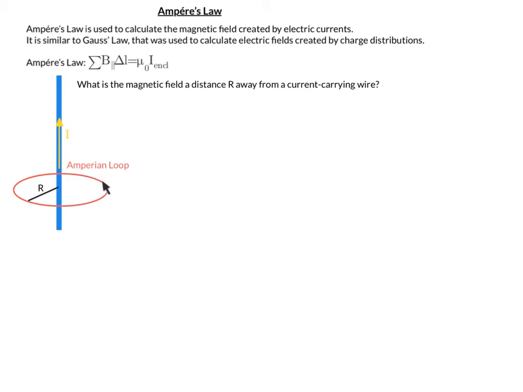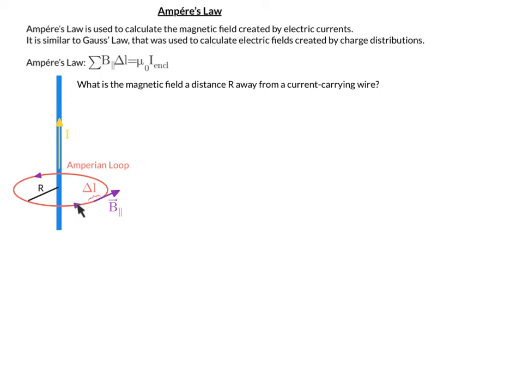So we have an Amperian loop surrounding the current at radius r, where we're looking for the magnetic field. And then we do the right-hand rule to figure out the direction of the magnetic field based on the direction of the current. So we place our thumb in the direction of the current, wrap our hand around the wire, and end up with a magnetic field circling around in this direction around the wire.